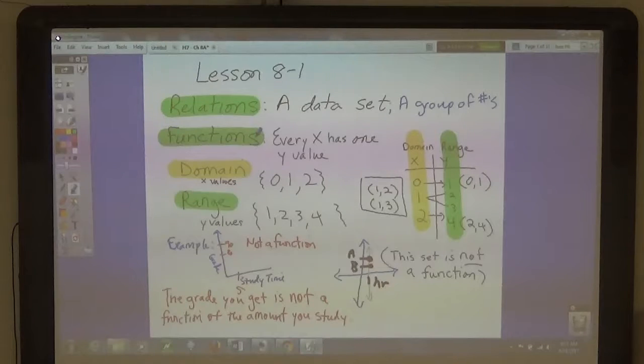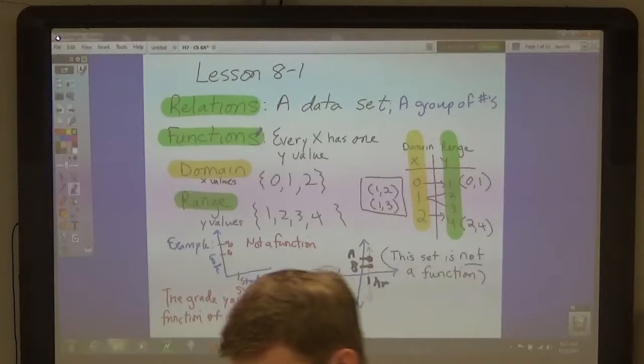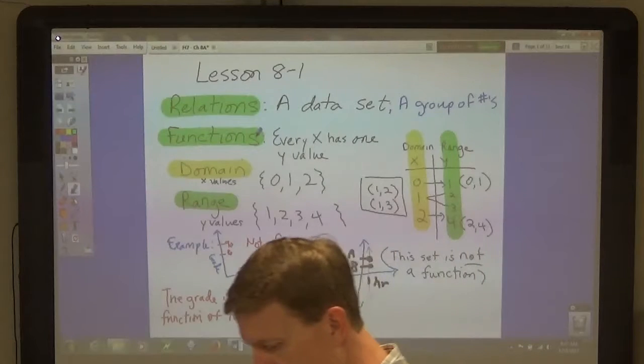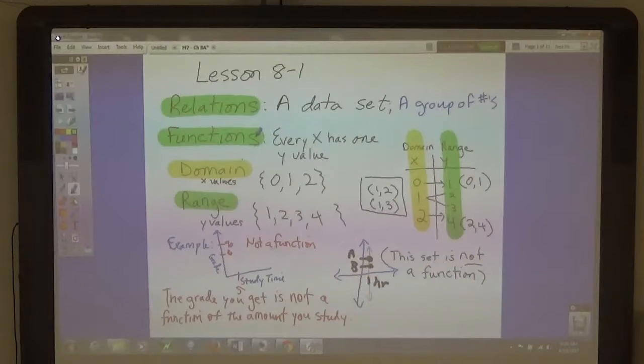This assignment is going to help you review plotting numbers on a coordinate grid, on the coordinate plane, and the parts of the coordinate plane, the x and y axis. So the first thing you're going to do is graph the numbers from the chart.